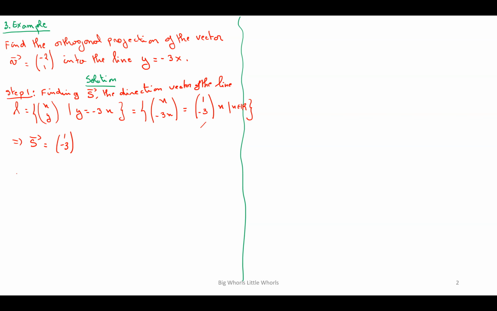Step 2, now we can just apply the formula.